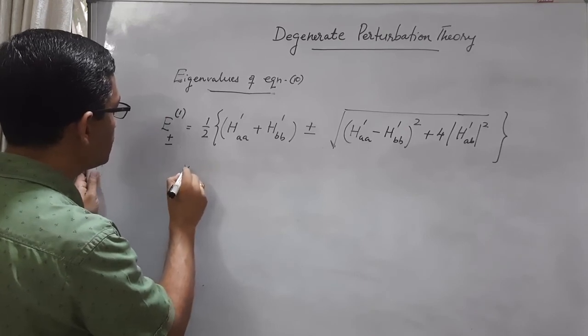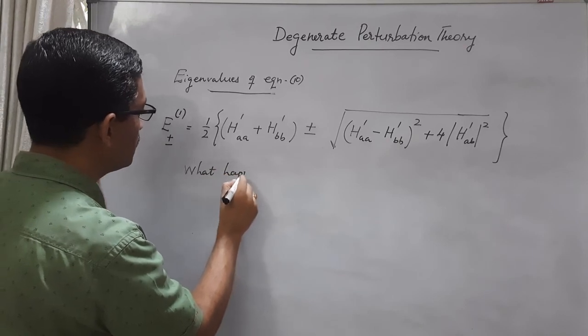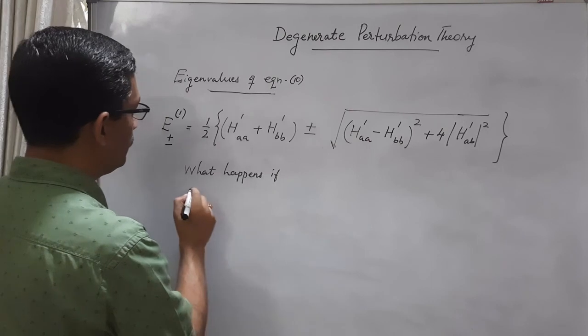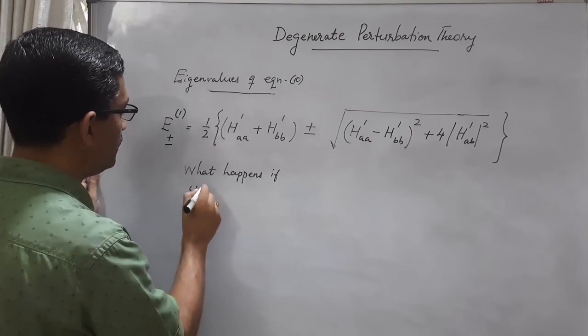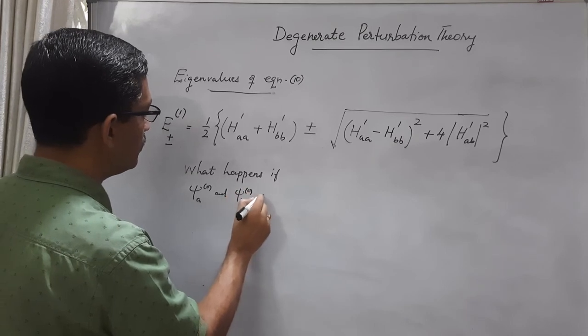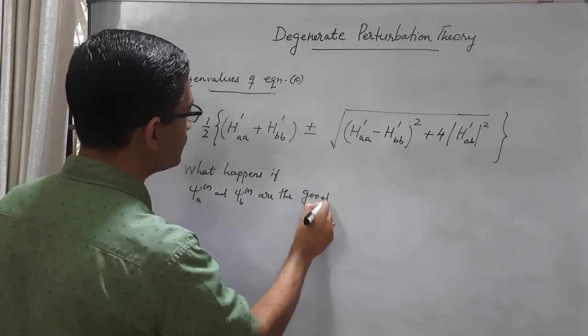What happens if psi A0 and psi B0 are the good eigenstates?